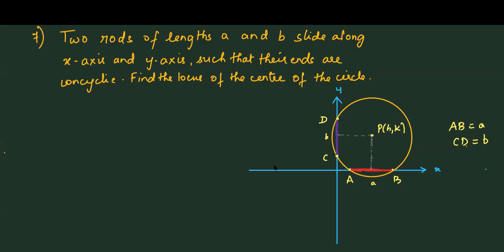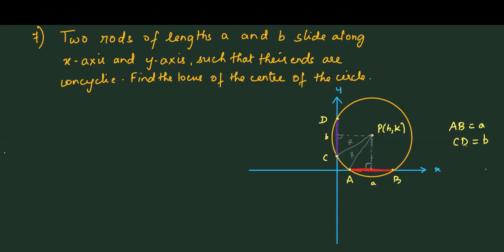Now, the radius of the circle is common. PC is the radius of the circle, PA is the radius of the circle. These two will be equal. The perpendicular from the center to the chord is at 90 degrees.